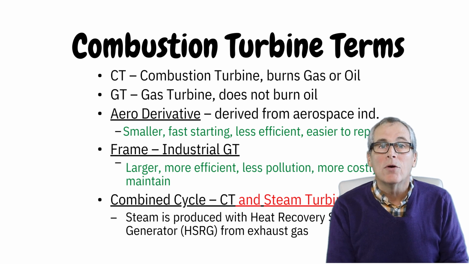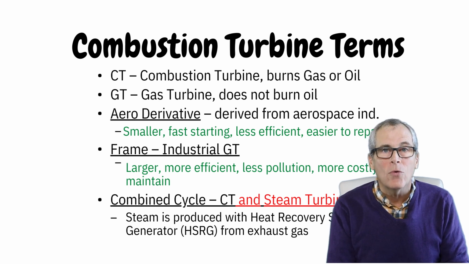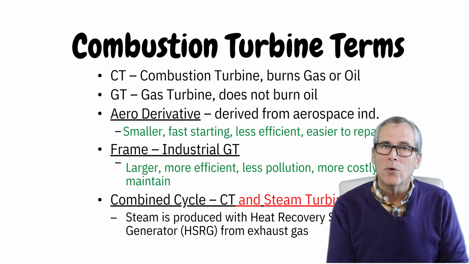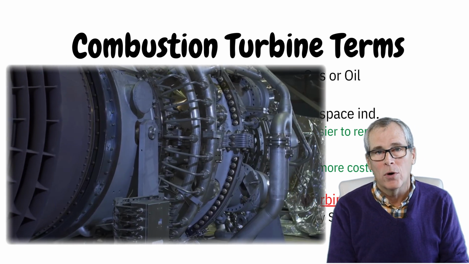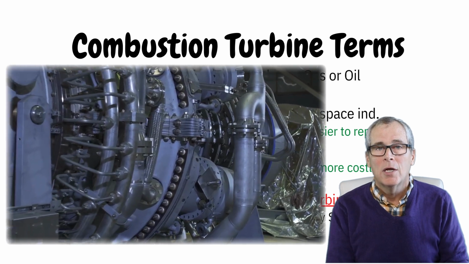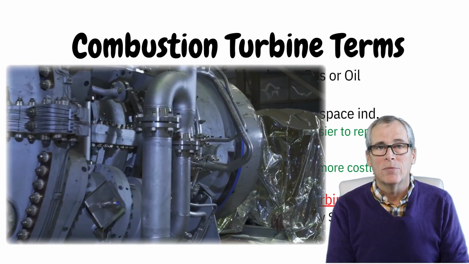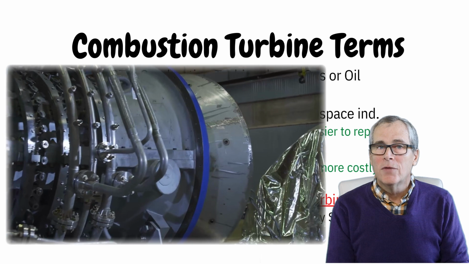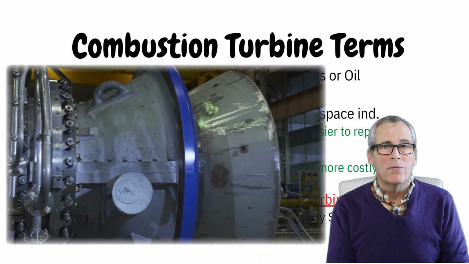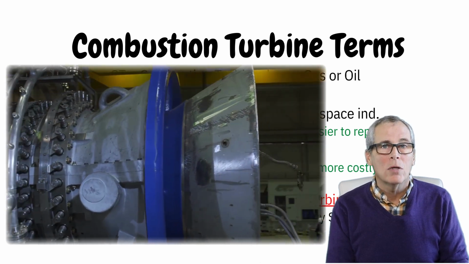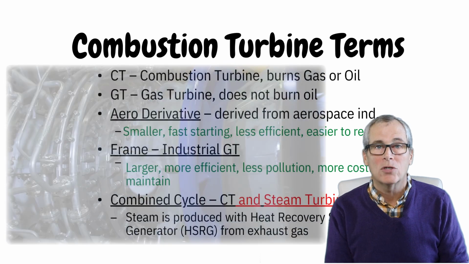Some more terms you might hear in the industry are aeroderivative or frame engines. An aeroderivative is simply a machine whose design was born in the aerospace industry, so these are gas turbines like the ones you're familiar with connected to airplanes. Aeroderivatives are smaller, easier to maintain, and quicker starting.